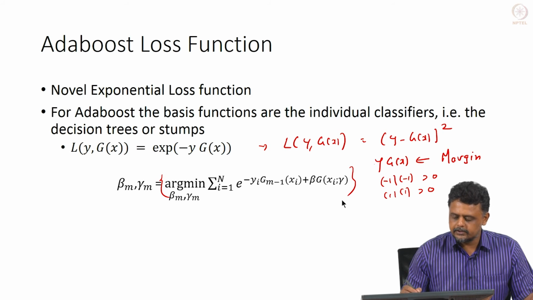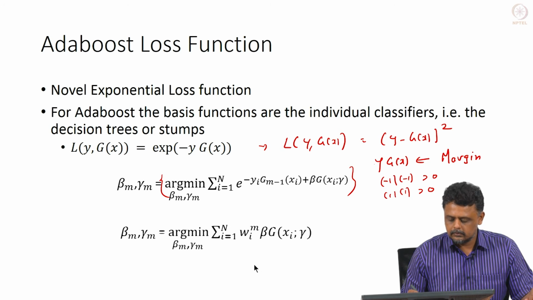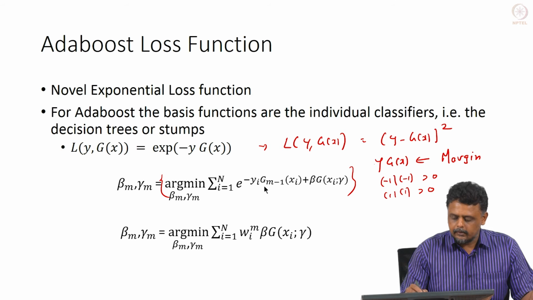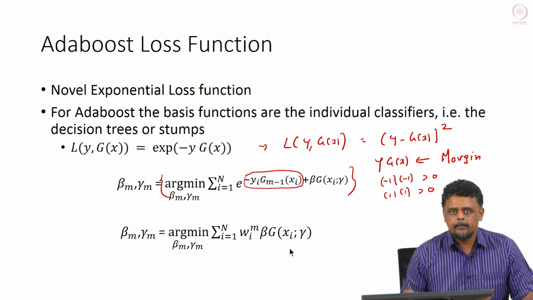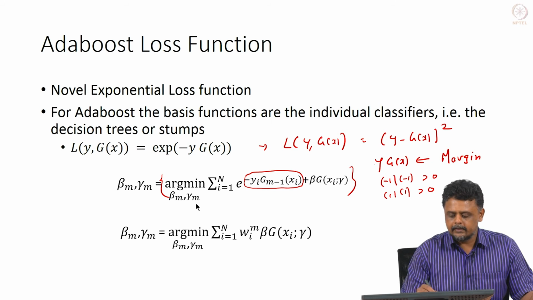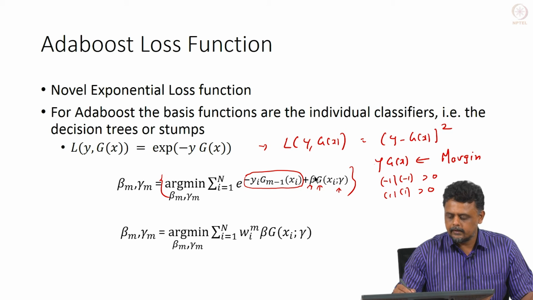argmin of this loss function, because all of the terms are in the exponent. You realize that, as we saw earlier, the parameters here are not at all affected by this optimization problem, because we will only be optimizing the parameters of g, in this case gamma and beta at that particular iteration.